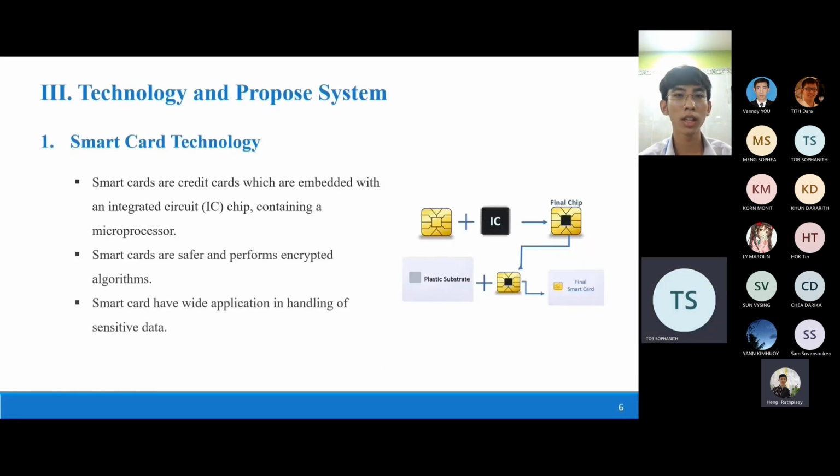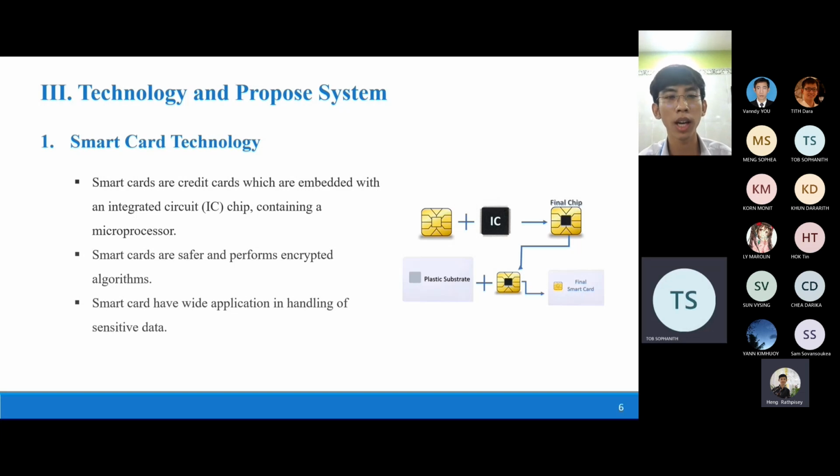And for part 3, technology and proposed system. First, smart card technology. Smart cards are credit-card-sized cards embedded with an integrated circuit chip containing a microprocessor. The chips are able to store, calculate, manage, and process data, and can also hold important information.